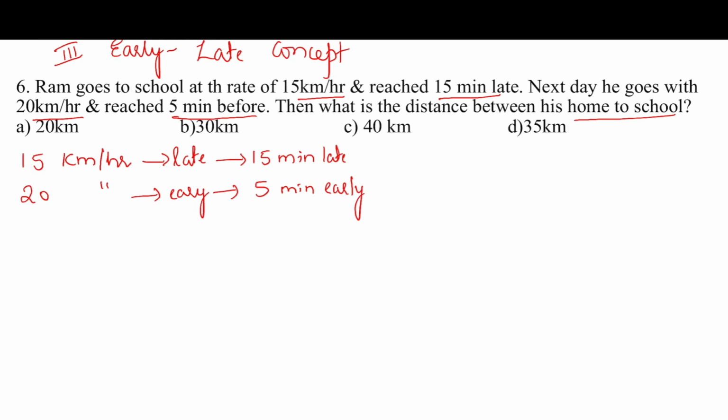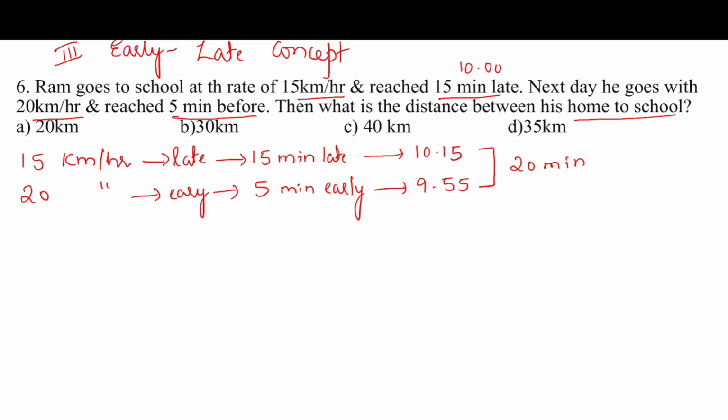Okay, so if I take for example 10 o'clock as the exact time where he has to reach, if he goes at 15 km per hour, he is 15 minutes late, that means he will reach at 10:15. And when he is going at 20 km per hour, he is 5 minutes early, means he is reaching at 9:55, isn't it? So what is the difference between this time? 10:15 and 9:55, it is 20 minutes, isn't it? 20 minutes is the difference between the times.